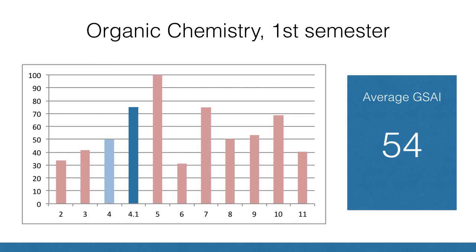And so I remember doing this comparison last year, doing a lot of hand waving. I was like, well, replacing this solvent with carbon dioxide is much better for the environment, but we have to increase the energy input. And so that was all great, but here we can see definitively that lab 4.1, which uses carbon dioxide, has a GSAI of 75, while the dichloromethane lab 4 has a score of 50.